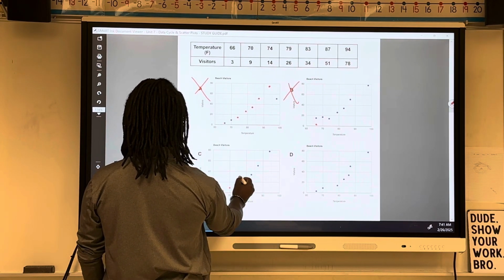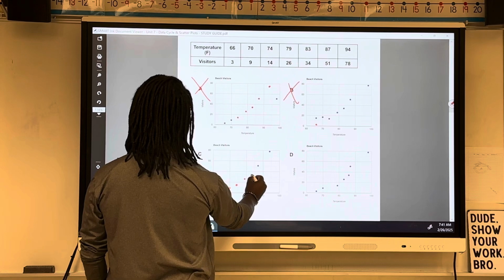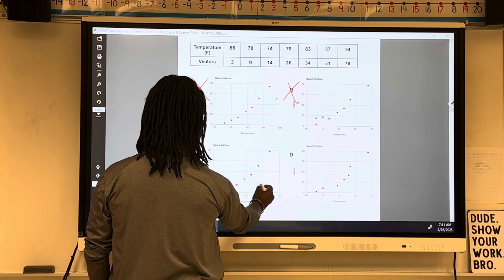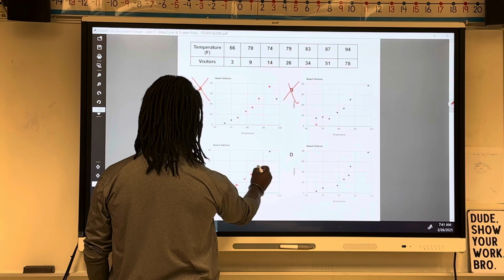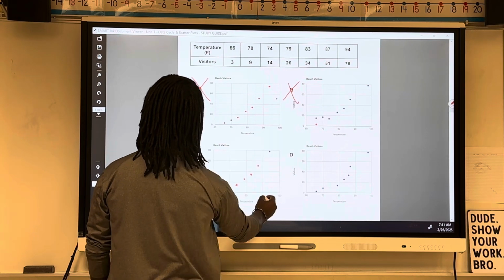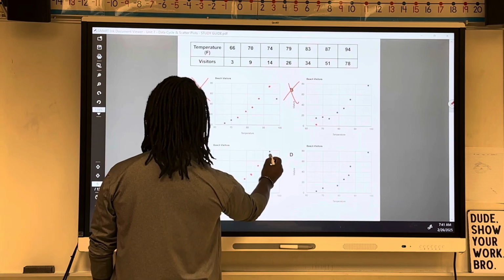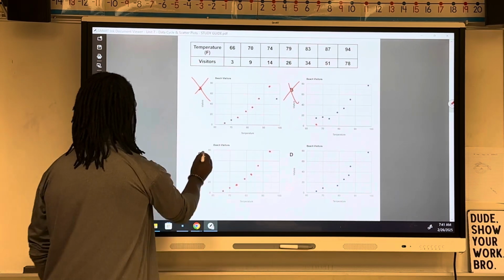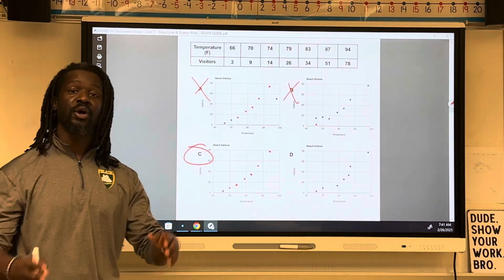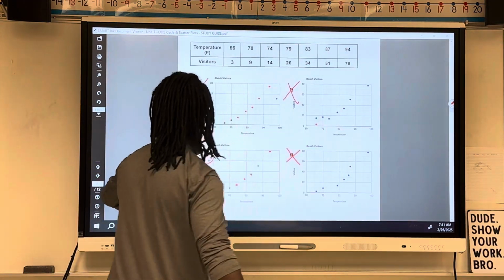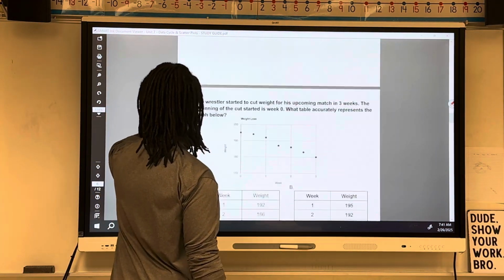Yep, that would be about right because that would be 30. 83 and 34. That's right. 87 and 51. Yep, that's money. And then lastly, 94. Yep, 94 would be before 95, and then up 78. Perfect. So my answer is C. Again, perfect example of how you must solve all of them. Okay? All right, moving on.